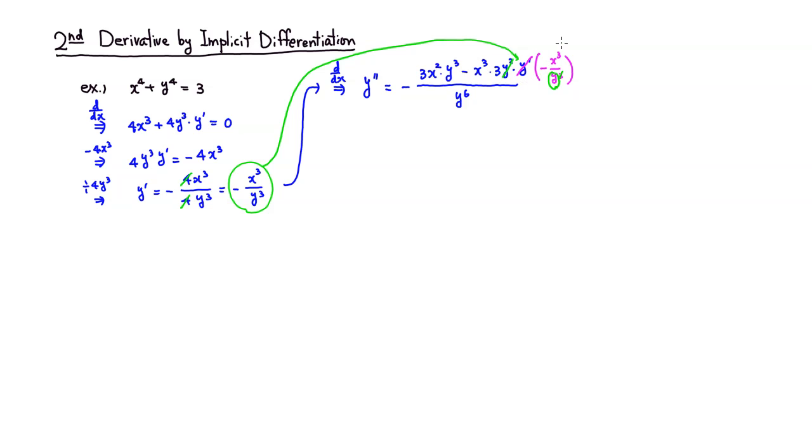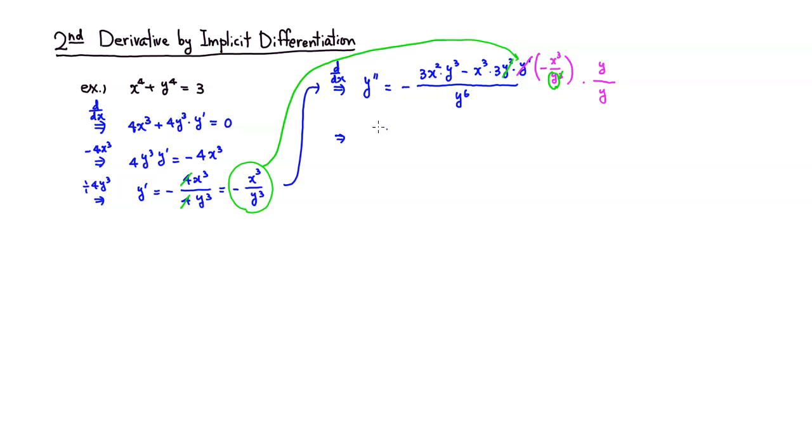Then we need to simplify. I don't like to have a y sitting on the bottom, so I'm going to multiply top and bottom by y as well so that we don't see a fraction inside the fraction.